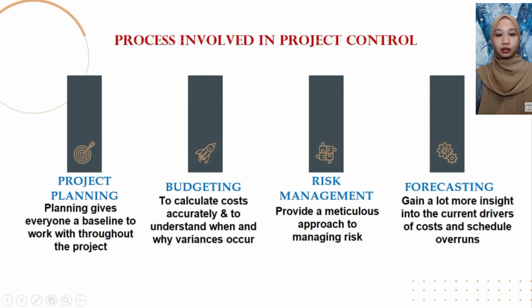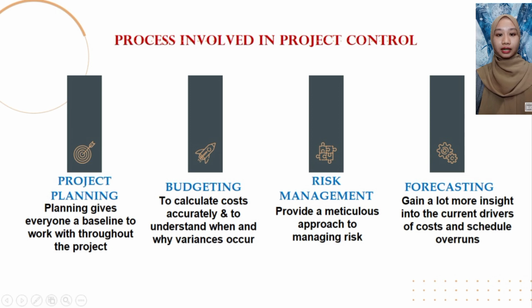Risk management. Project control provides a meticulous approach to managing risk, whereby risks are identified, monitored continuously, and issues mitigated. It becomes possible to reduce the impact on budget and schedule.